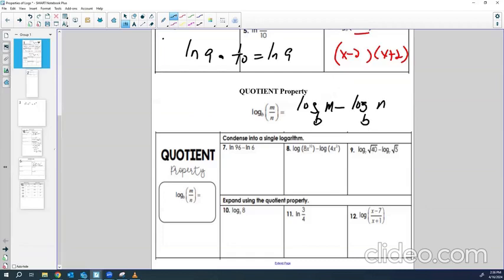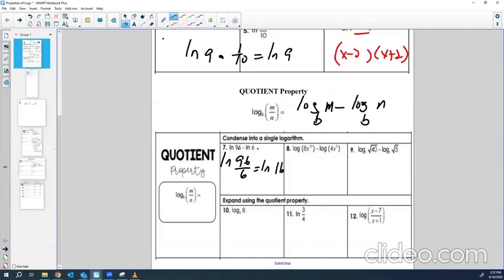So you just subtract them. Here they want you to condense down. So you know before these two were expanded, they were dividing. So it would be ln of 96 over 6, and that would just give you ln of 16.